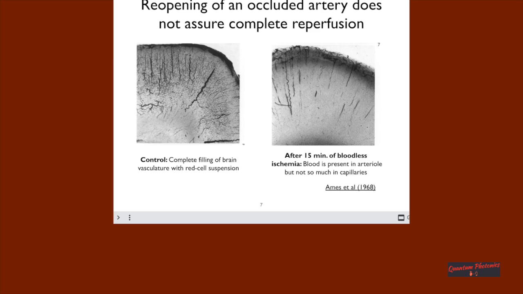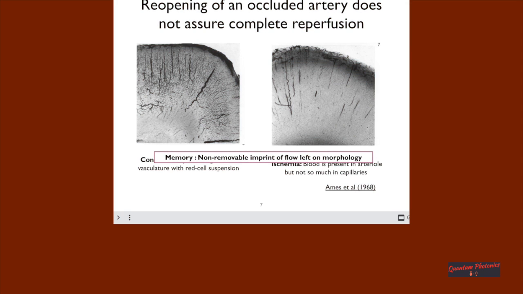But as the right plot shows, after 15 minutes of bloodless ischemia, if the blood clot is removed and the blood flow is allowed to go back to normal after the stroke in this brain microvasculature, what we see is that the blood flow actually does not go back to normal.